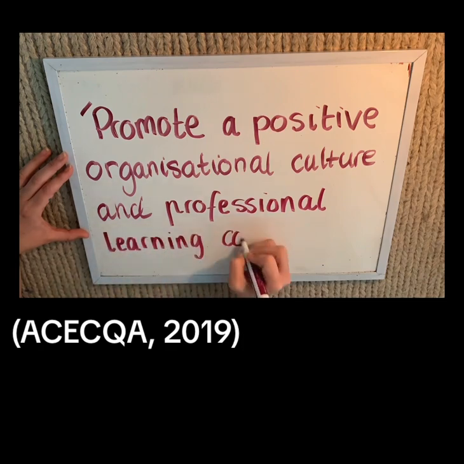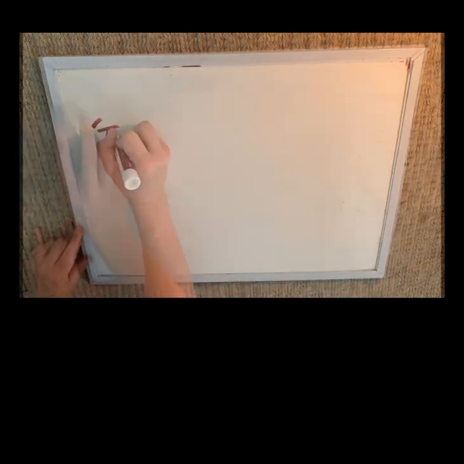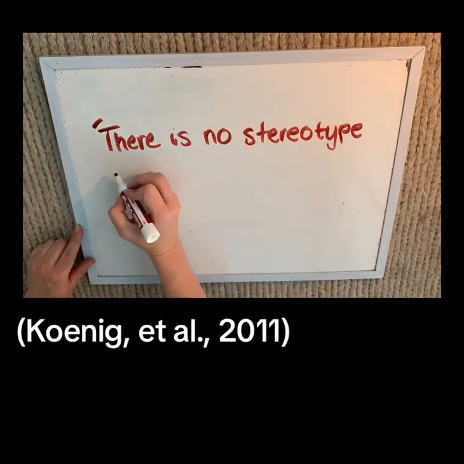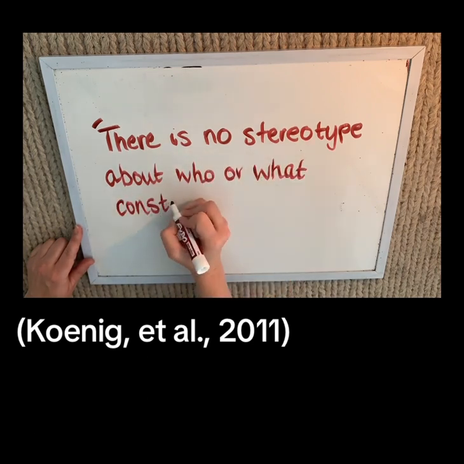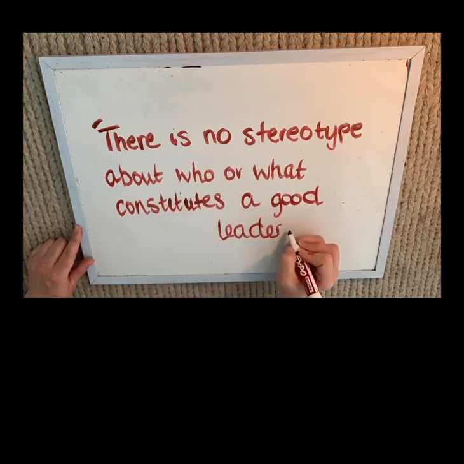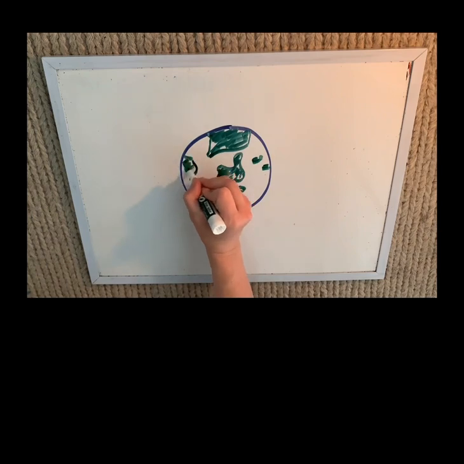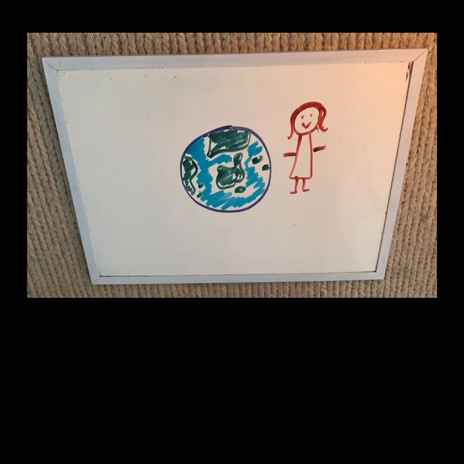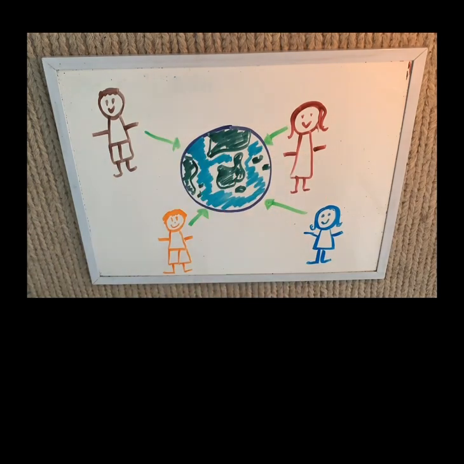We are all different in the way that we view the world, the way we teach, and the way we lead. There is no stereotype about who or what constitutes a good leader. However, when it comes to advocating to create change and take the steps to enable change, there are several attributes of a leader in early childhood that are needed to make this possible.